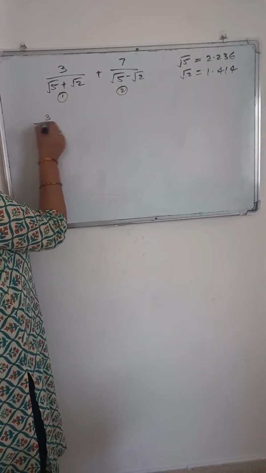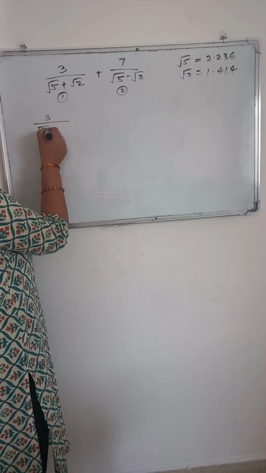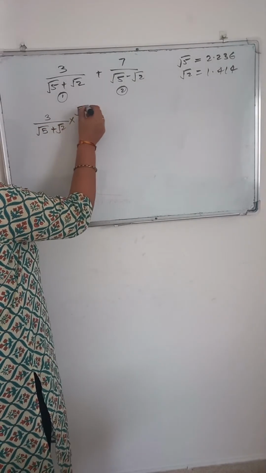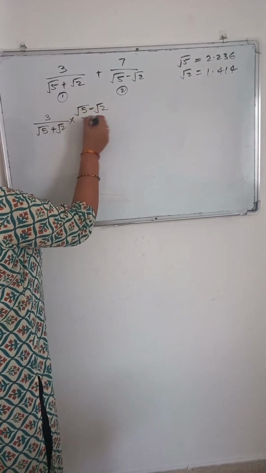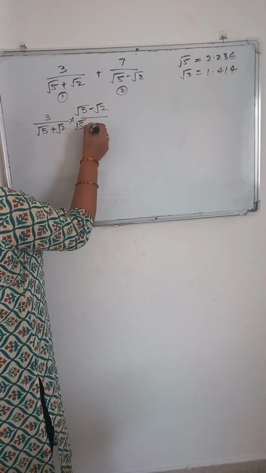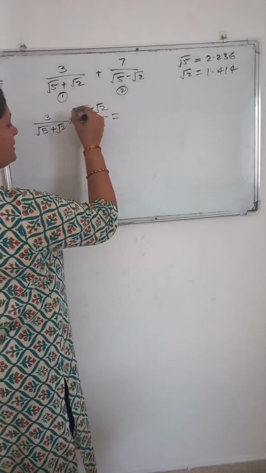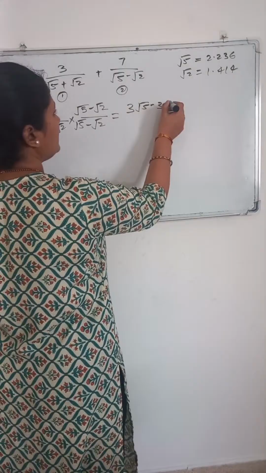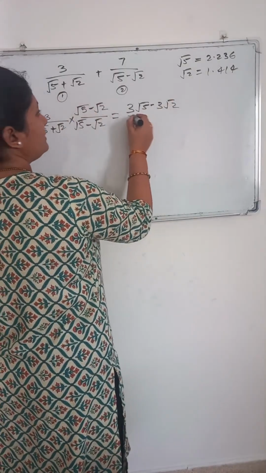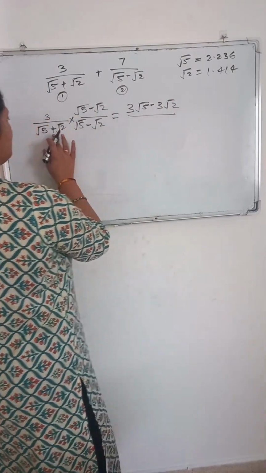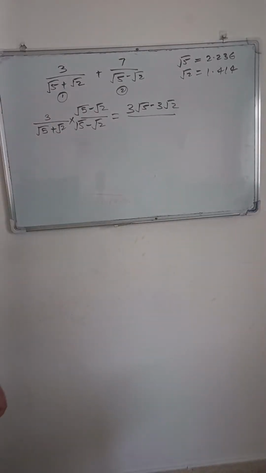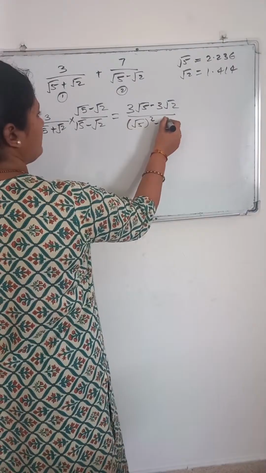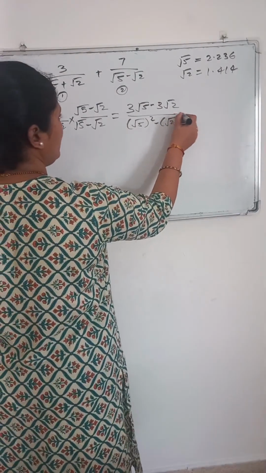So we can write 3 upon root 5 plus root 2 into root 5 minus root 2 by root 5 minus root 2. This is known as rationalization. So 3 root 5 minus 3 root 2, and multiplying the denominator, this is a plus b and a minus b, so it is root 5 square minus root 2 square.